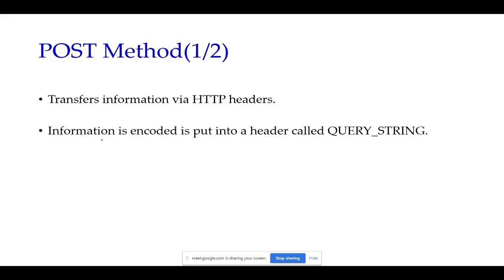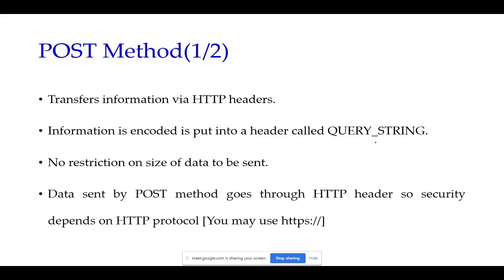The information that is input by you will be placed in a header called query string, and that will obviously not be visible in the address bar, but it will be part of your packet which will be received by the destination server. And there is no restriction on size of data as in the case of get method. You can send as much data as you want, even beyond 1024 characters. You can even send documents and images.